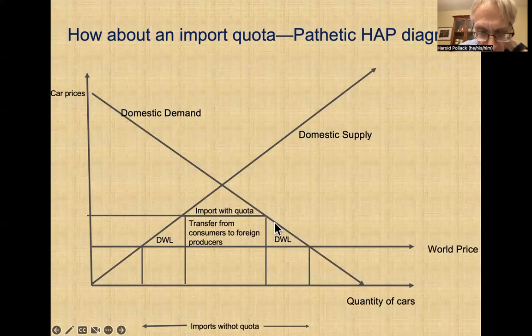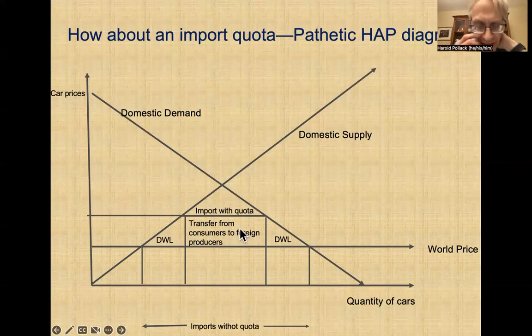So you have this deadweight loss on the consumer side. This is lost consumer surplus. This is inefficiency loss because the domestic suppliers along here are more expensive producers than what we could get from the world price. So there's deadweight loss here that's inefficient production. And then there's this other rectangle in here.